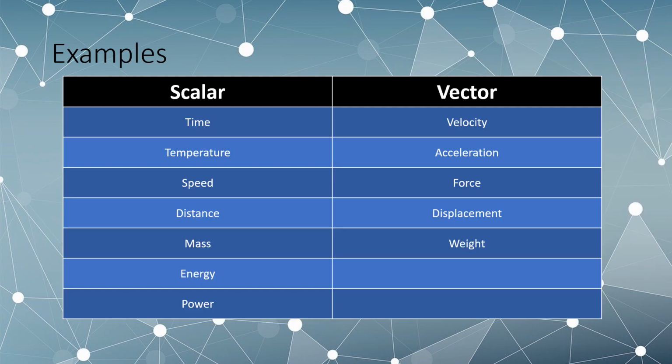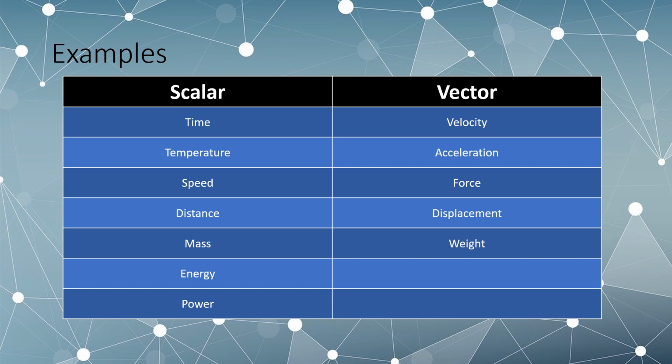So, as you can see, a lot of standard measurements fall as scalar measurements, such as time, temperature, speed, distance, mass, energy, and power. Whereas our vector measurements are things like velocity, acceleration, force, displacement, and weight. Just touching on a couple of examples.